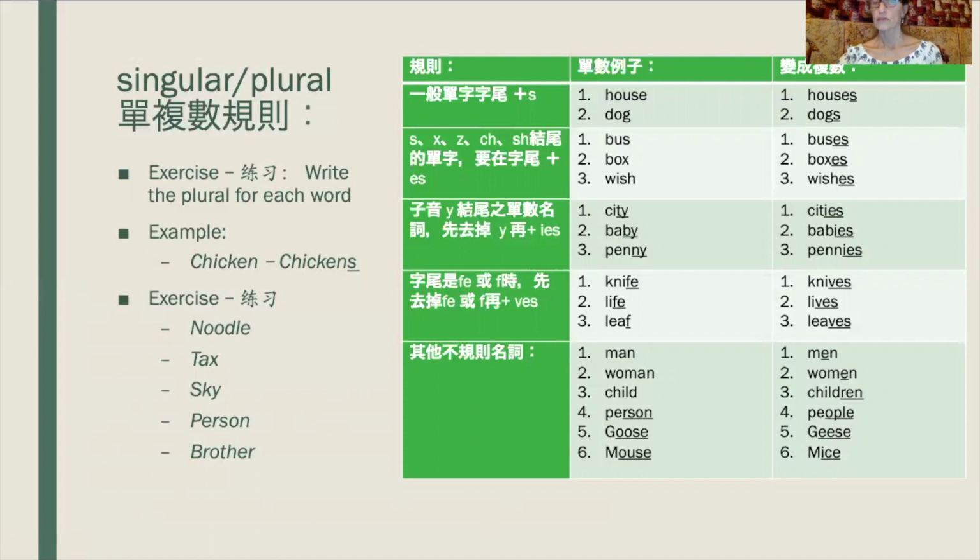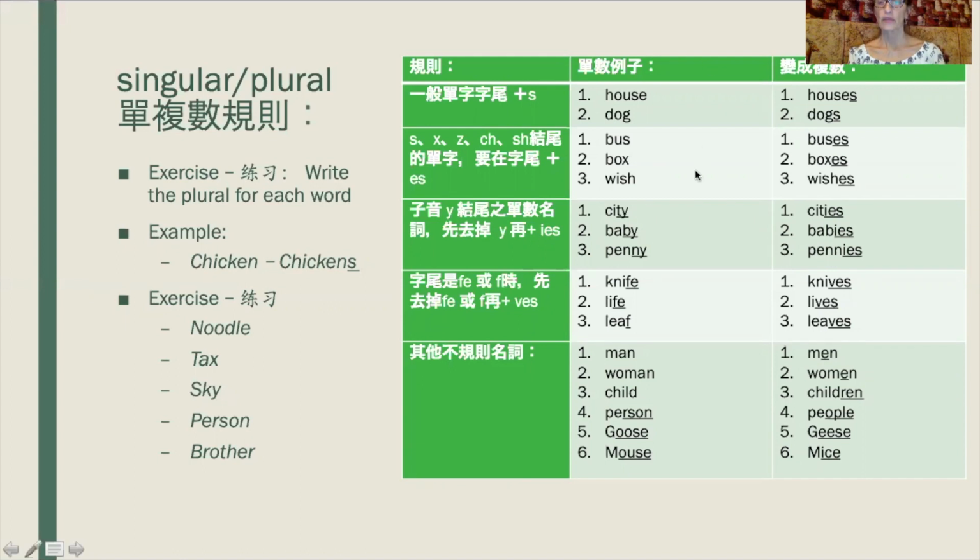All right. The chart that you see here on the slide is showing nouns made into plural, which is more than one. And the important thing is it can depend on how the word ends. 取决于名词的结尾.